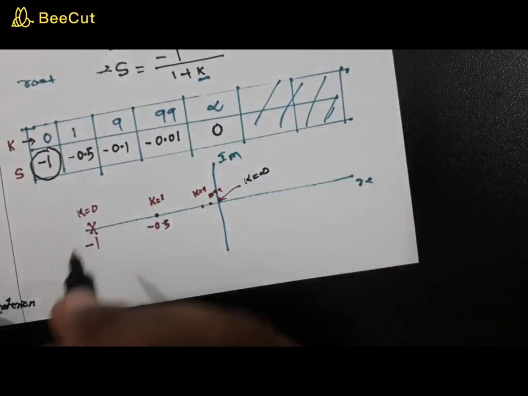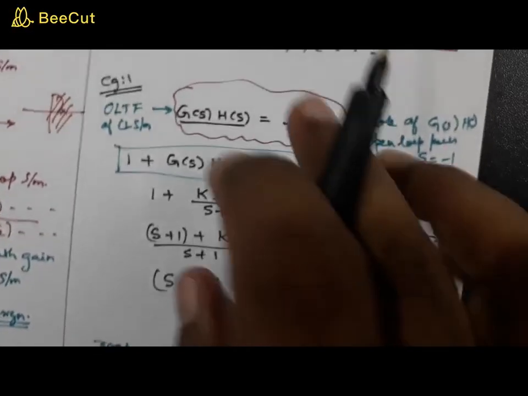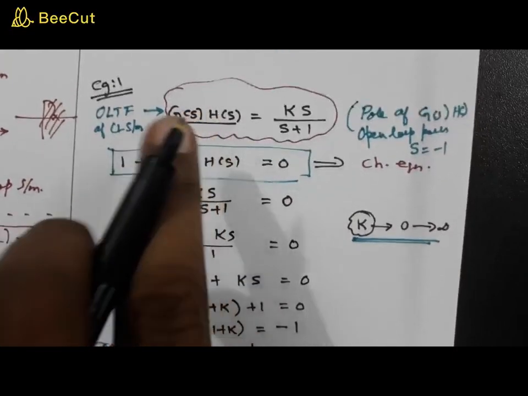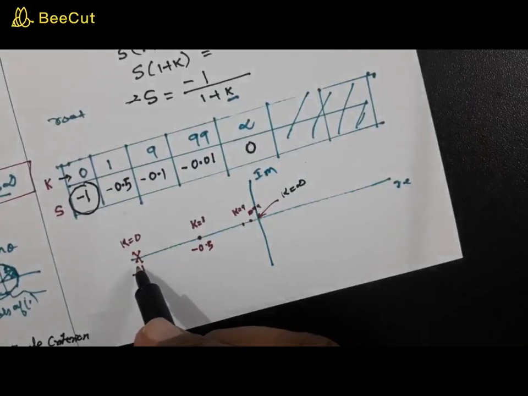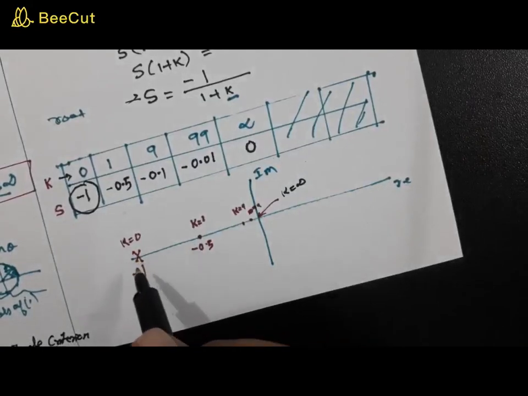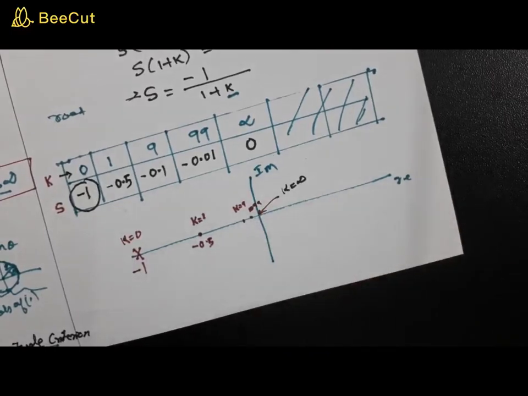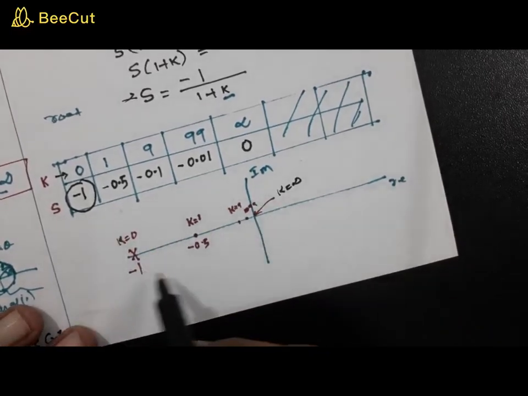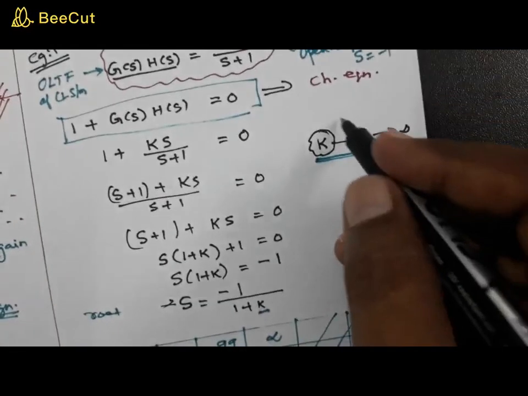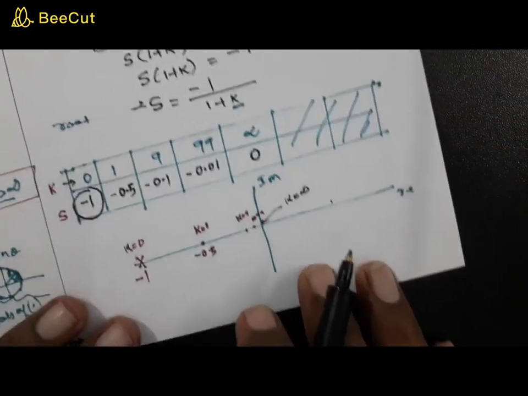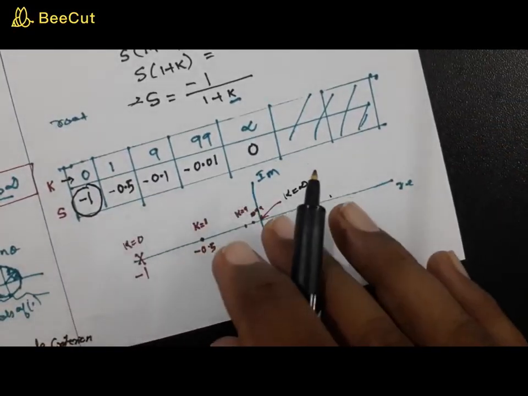So as k varies from 0 to infinity, we have seen that the open loop pole of this particular system moves from s is equal to minus 1 to s is equal to 0. In no way does this root come to this side. For every k which can be designed, it will remain on the left half of the s plane.